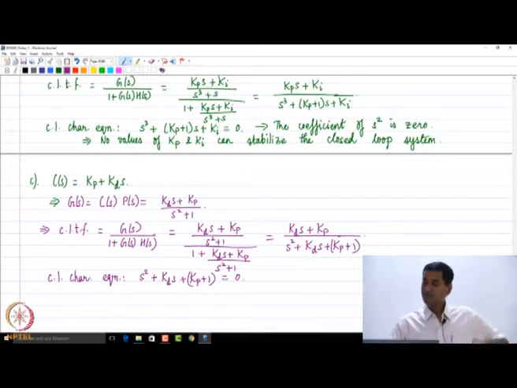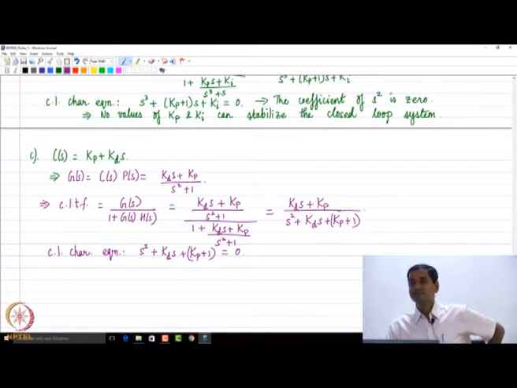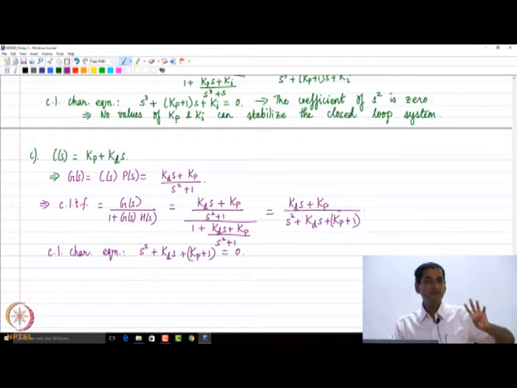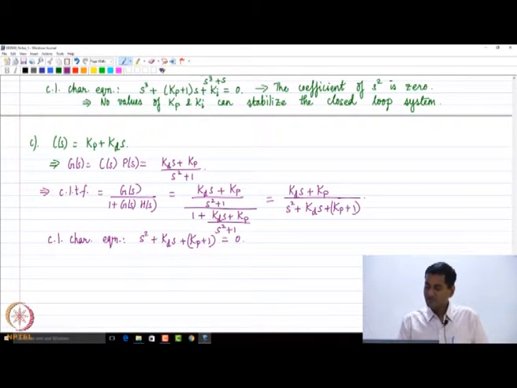Immediately we see that this is a polynomial of order 2. The closed loop system with a derivative PD controller is still a second order system. As I discussed, for polynomials of order 2, the necessary and sufficient condition is that all coefficients must be non-zero and of the same sign.